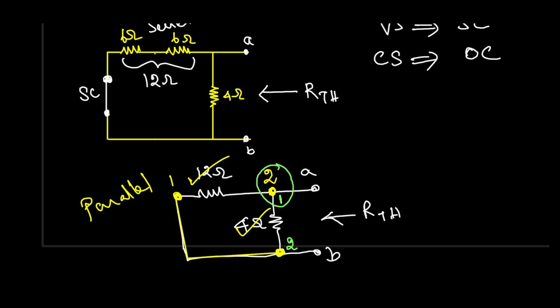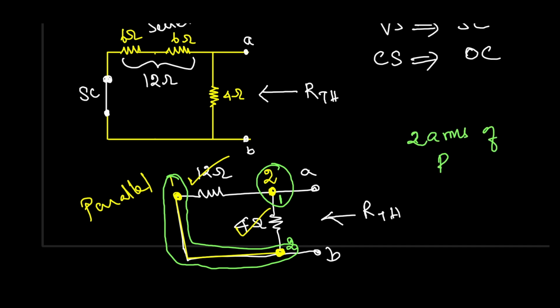So anyhow, these two are tied together and similarly this first and second are tied together. So when two ends of the resistances are connected together, then we say that they are in parallel. That is the concept.